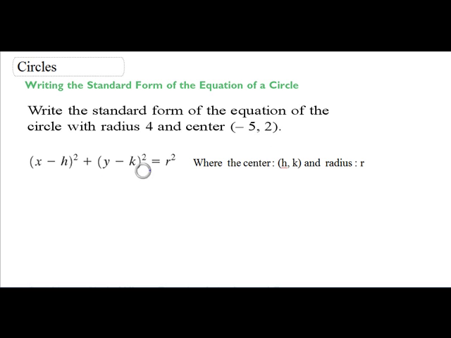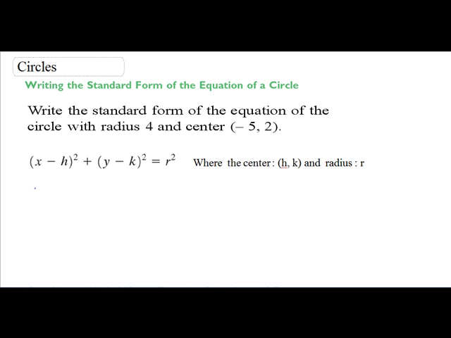This is the standard form of the equation of the circle, which is (x - h)² + (y - k)² = r², where the center is (h, k) and the radius is r. So they give us the center and the radius.